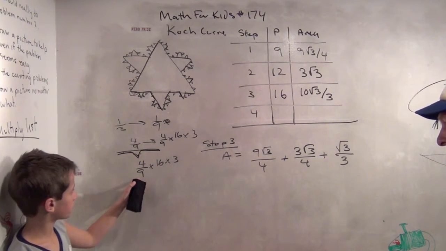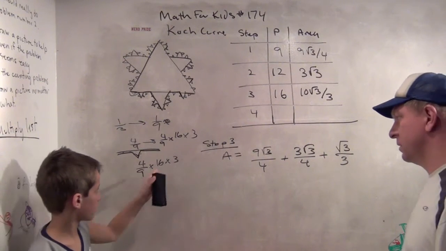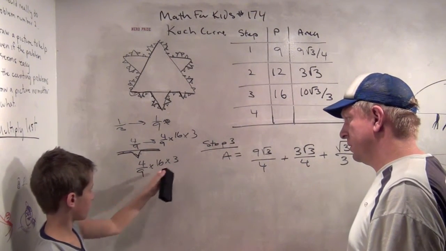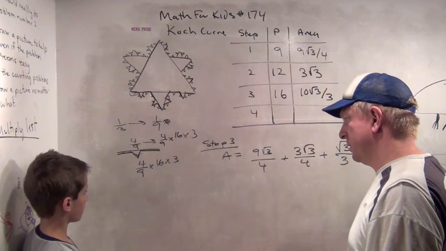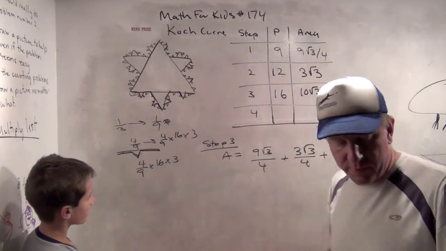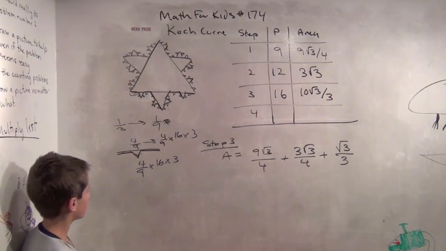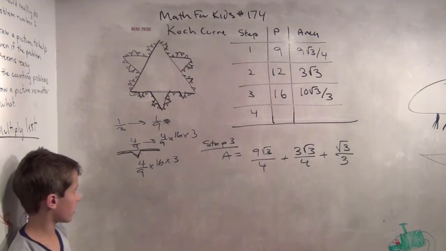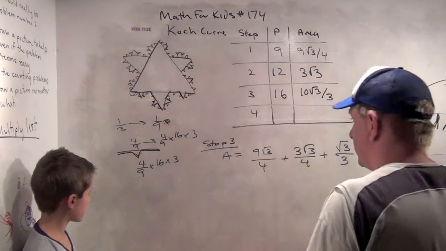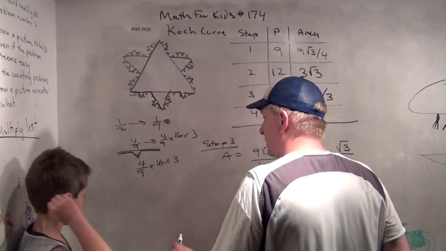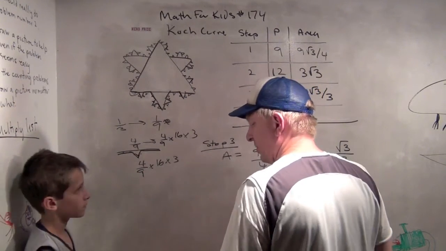Or we could flip the denominator. We could put the 3 with the numerator, I mean. Okay, so what do you want to do? Well, we can say that 3/9 times 16 times 4. Okay, that's great, actually. So here, give me the eraser.